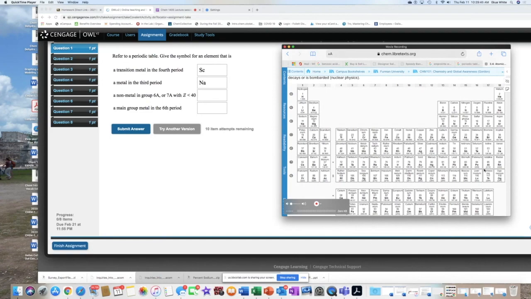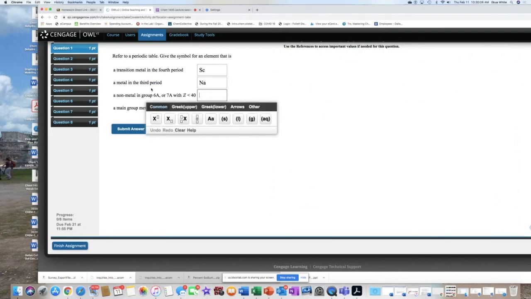Nonmetal is something on the right of that zigzag, so somewhere here. It has to be group 6A. This is 16 is 6A, right? Or 7A. The atomic number less than 40. I'll go with oxygen. Okay. Let's see if this works.